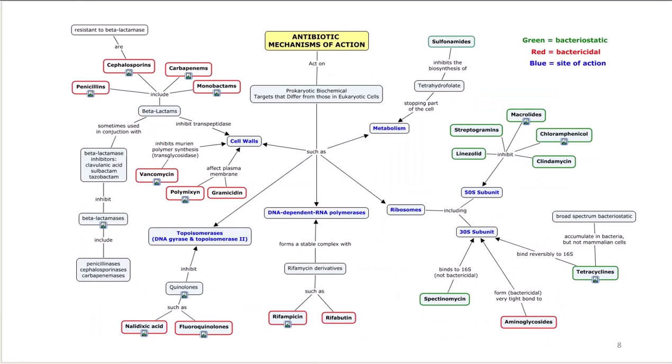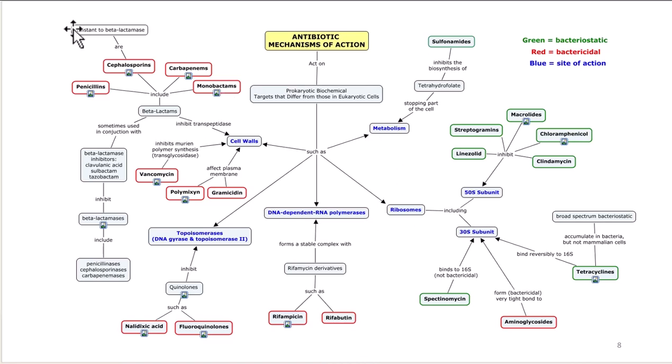Okay, so types of mechanisms. Again, you have the sulfonamides, which are going to be antimetabolites. They're going to be involved in the synthesis of thymidine ultimately, and if you inhibit with these sulfonamides, you're going to not have thymidine, which is an essential building block for DNA.